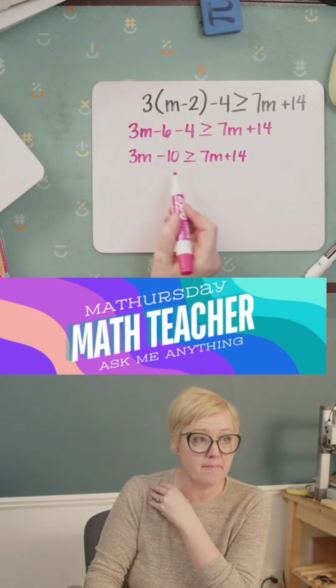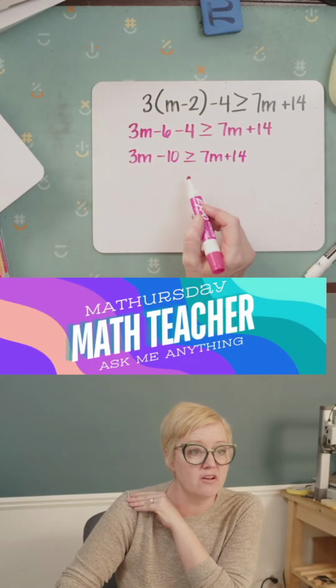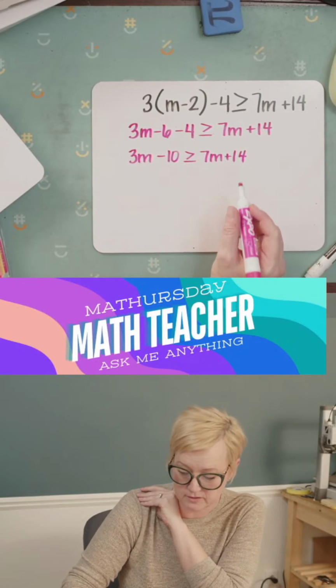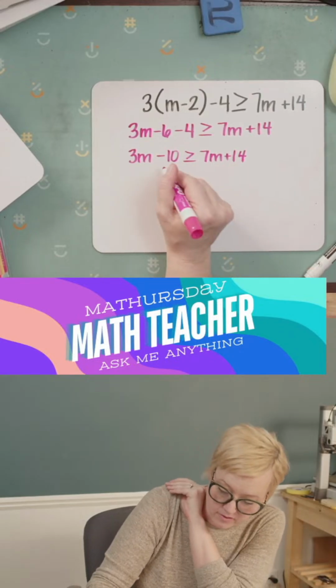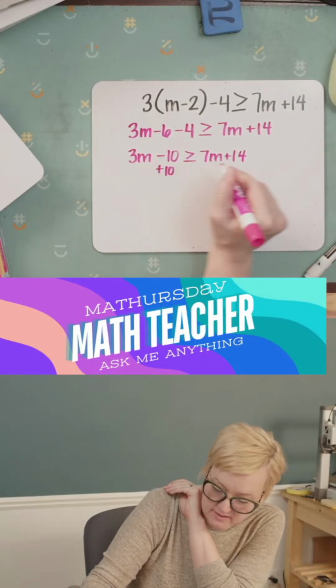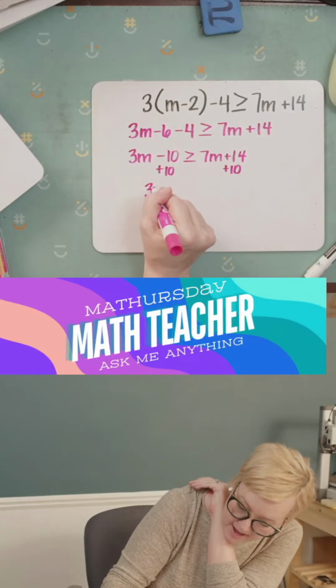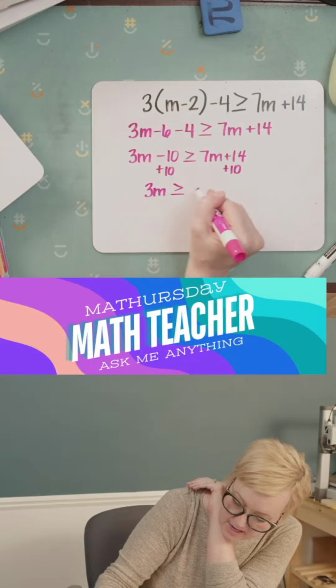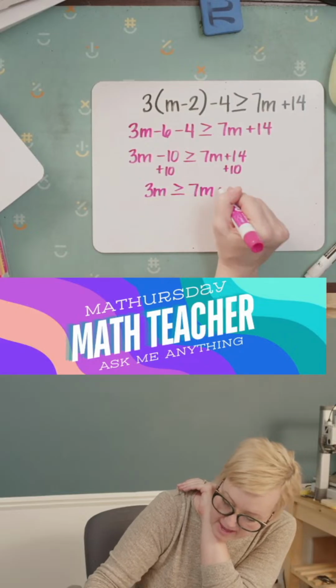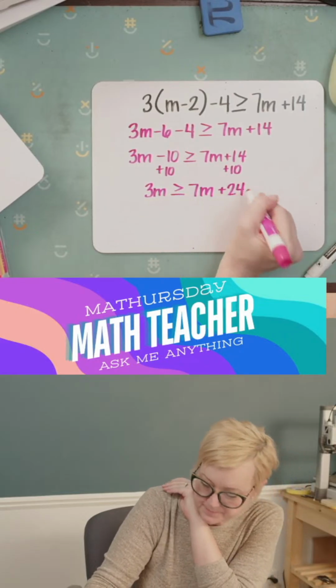So now I've got 3m minus 10 is greater than or equal to 7m plus 14. Going to add 10 to both sides. So now I've got 3m is greater than or equal to 7m plus 24.